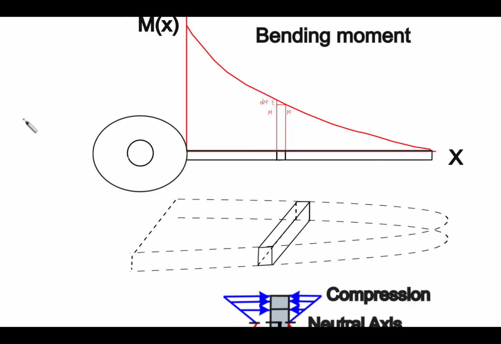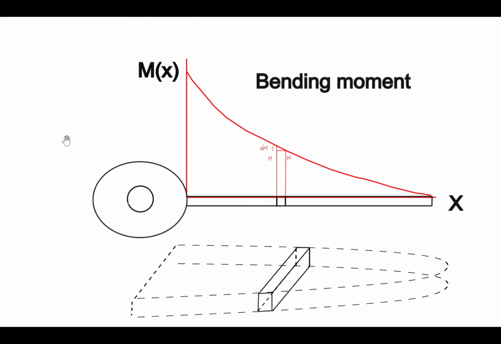We can note that on this tiny section the bending moment is not the same at both faces. The right face and the left face support different amounts of bending moment.